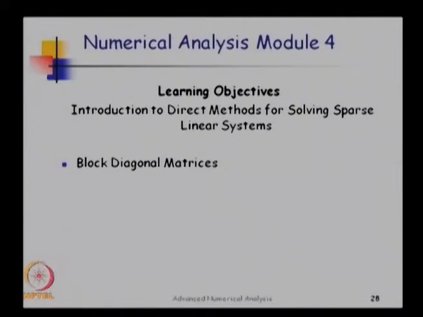When you linearize them, you get a linear set of equations which are say 1000 cross 1000 or 10,000 cross 10,000, but this matrix may not be fully populated, it will have many zeros, and it is possible to take advantage of this structure and come up with special schemes. So these are called schemes for sparse linear systems, and we are going to look at just a few of them. It's an iceberg and we can only touch the tip of the iceberg.